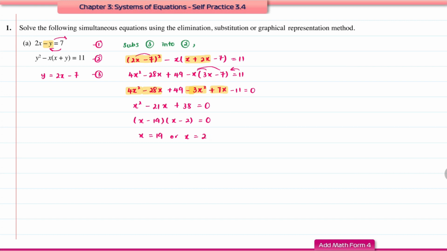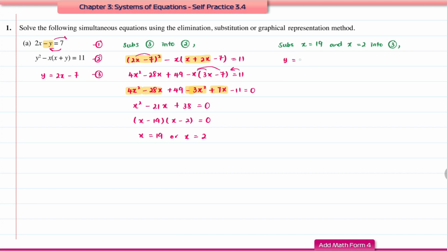So now we're going to find the value of y. We need to substitute x equal to 19 and x equal to 2 into equation number 3, as in equation number 3, the y has been the subject of the formula.